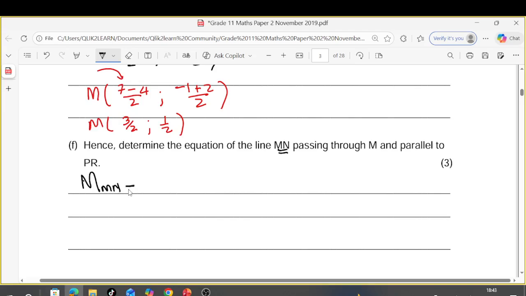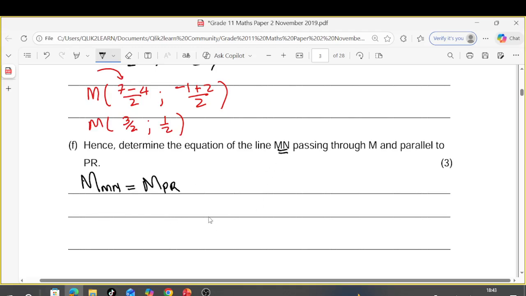So the gradient of MN should be equal to the gradient of PR. Why? Because they are saying that these two lines are parallel. Parallel lines have what? Equal gradients. But now we are given one coordinate on the line they want us to calculate. What is that coordinate? It is the coordinate of M, the one that we just calculated.